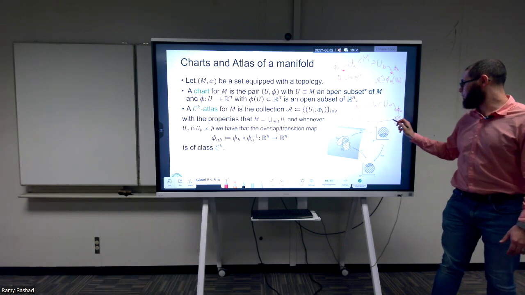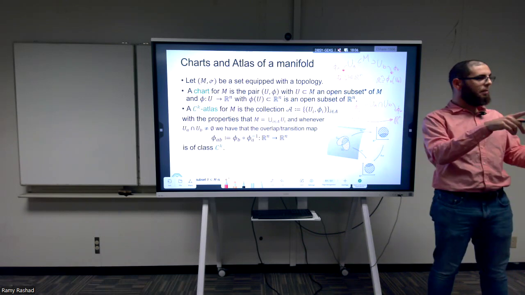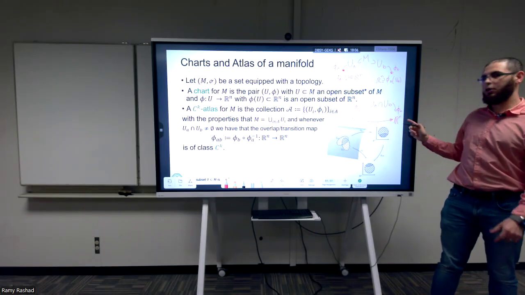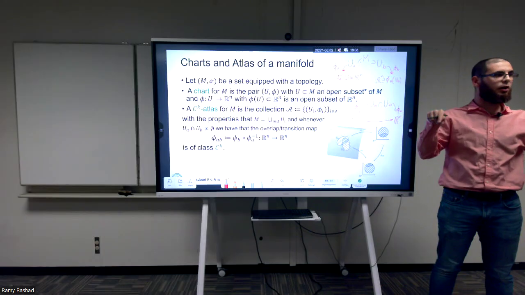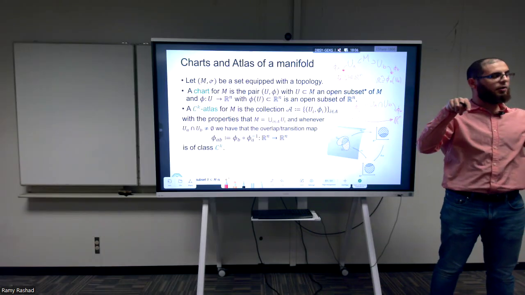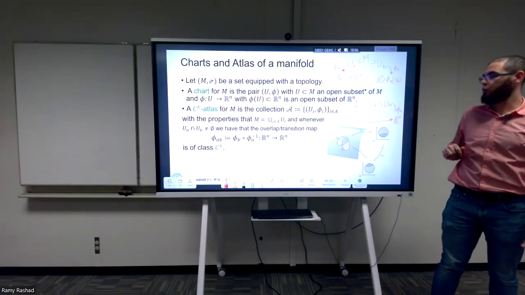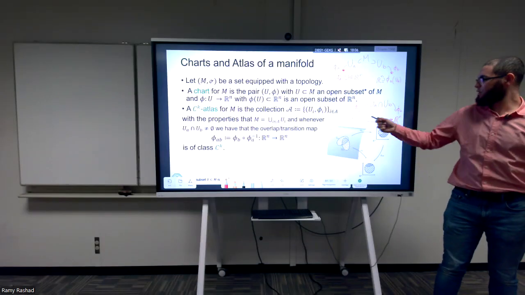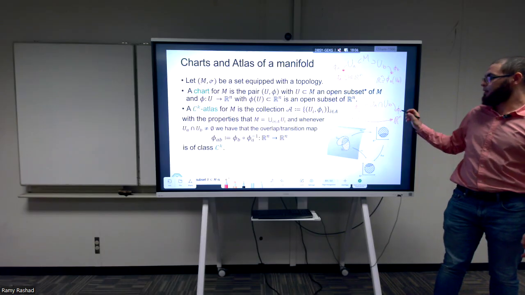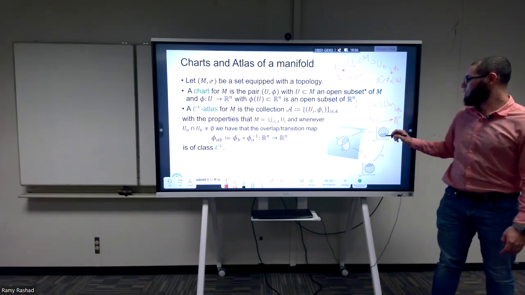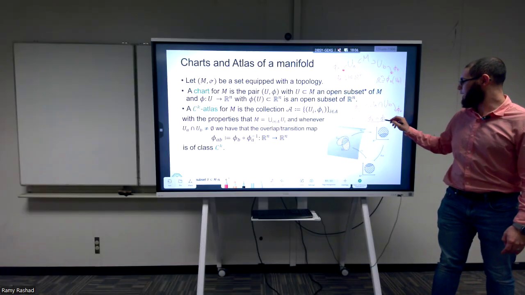This map in between is related to the map between the two charts. This is a chart and this is another chart, like in the previous example, the map on Egypt and the map on Saudi Arabia. So this map that goes in between, I can think of as phi B composed with phi A inverse.